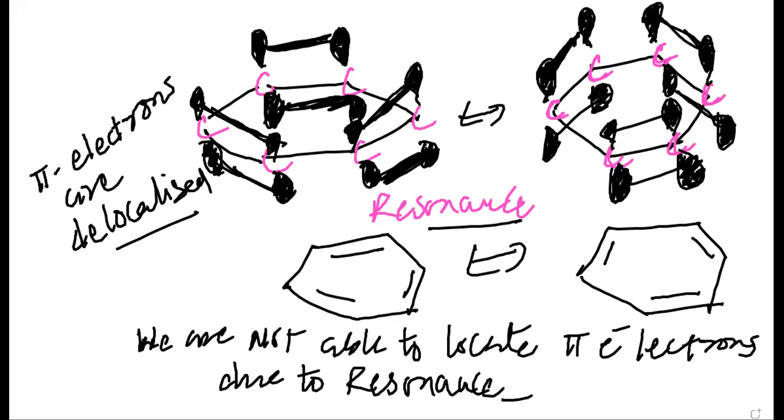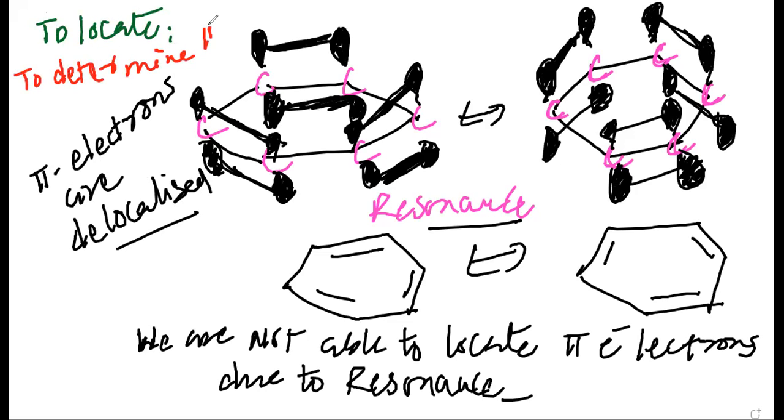Let me explain the meaning of to locate. To locate means to determine the exact position.